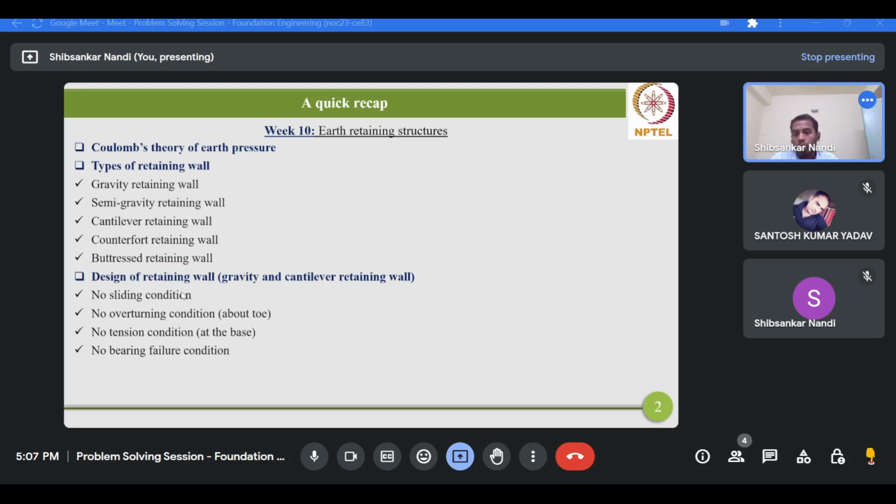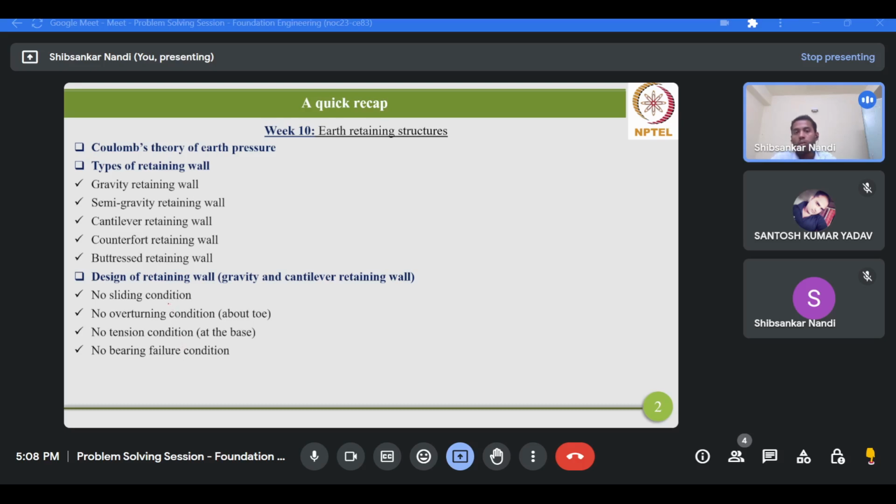As a design engineer or practicing engineer, you should ensure that the retaining wall does not fail in sliding, does not fail in overturning, that there is no generation of tension crack at the base of the wall, and obviously that it does not fail in bearing failure. These are the 4 conditions which we should check, and it's our responsibility to ensure safe and satisfactory performance of the wall designed with the given geometry, or rather you can also proportion the retaining wall based on all these 4 criteria.